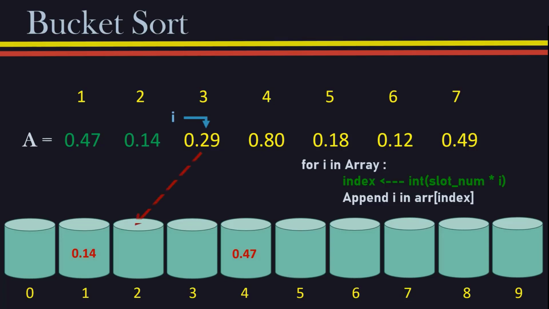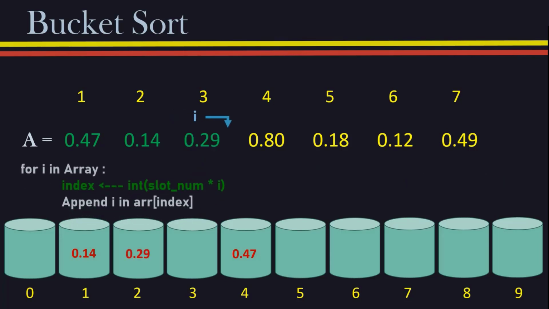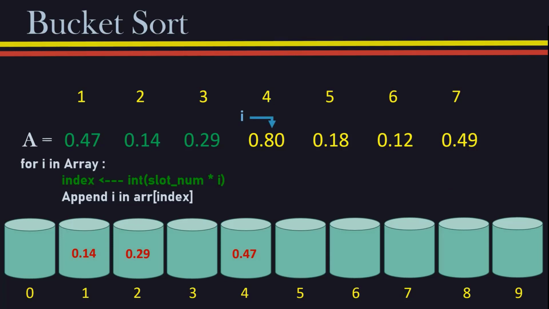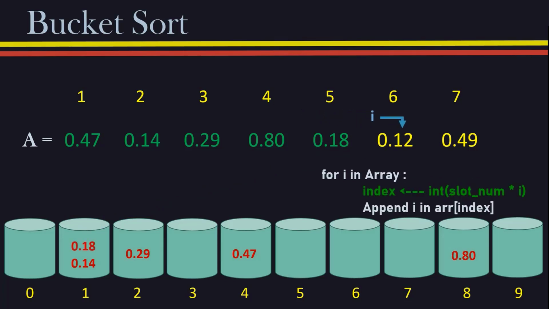For 0.29, the MSD is 2, so it will go to the index 2 bucket. For 0.80, the MSD is 8, so it will go to the index 8 bucket. For 0.18, the MSD is 1, so it will go to the index 1 bucket. For 0.12, the MSD is 1, so it will go to the index 1 bucket.